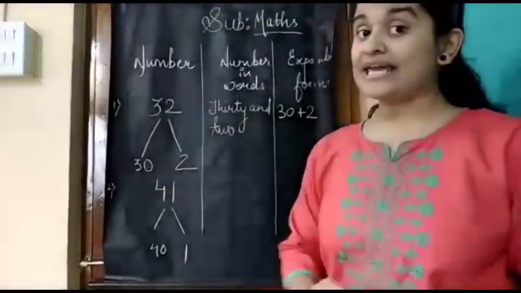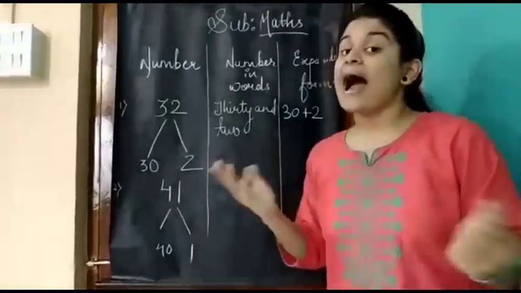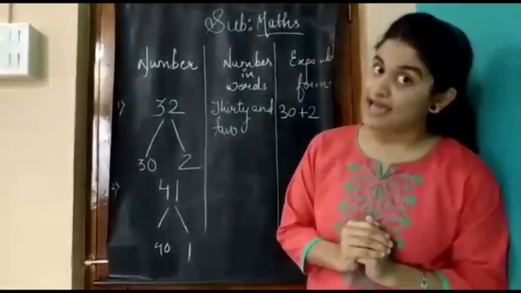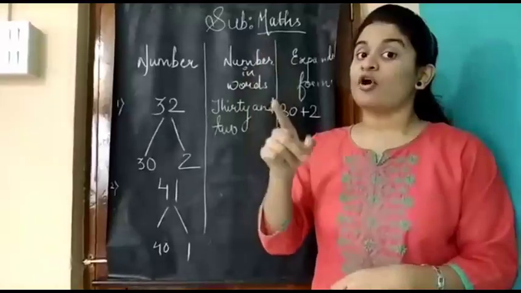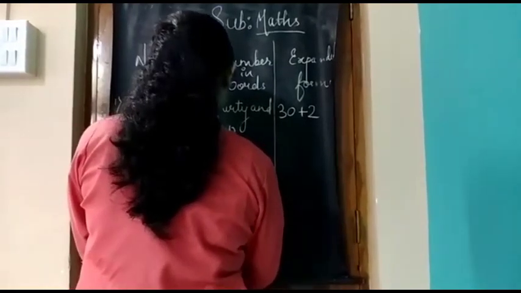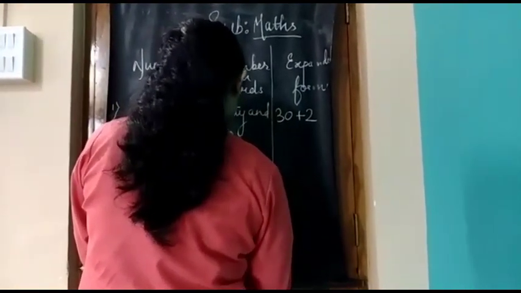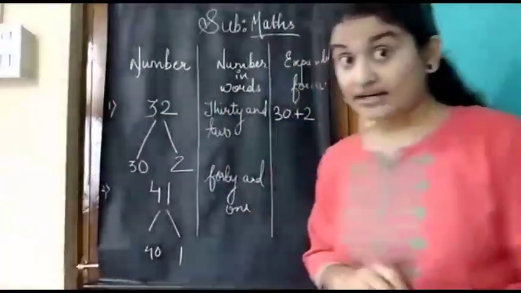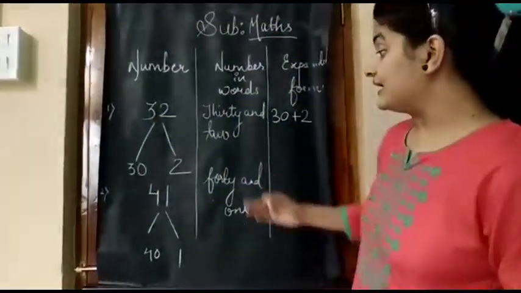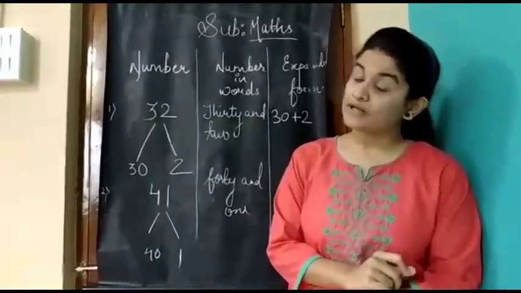So now tell me, while writing this number in words, how we will write? Yes, we will write 40 and 1 becomes 41. So we will write 40 and 1. Understood? And while writing it in expanded form, how we will write?